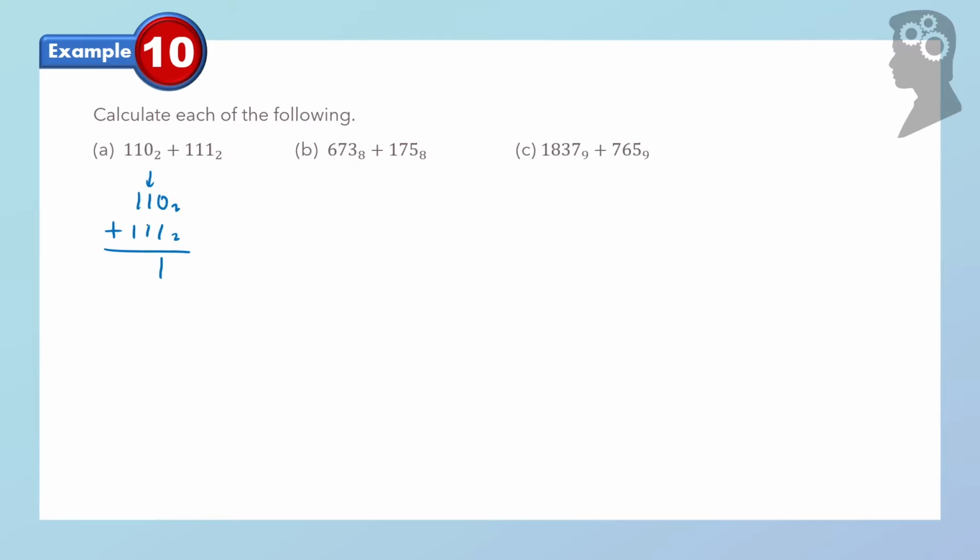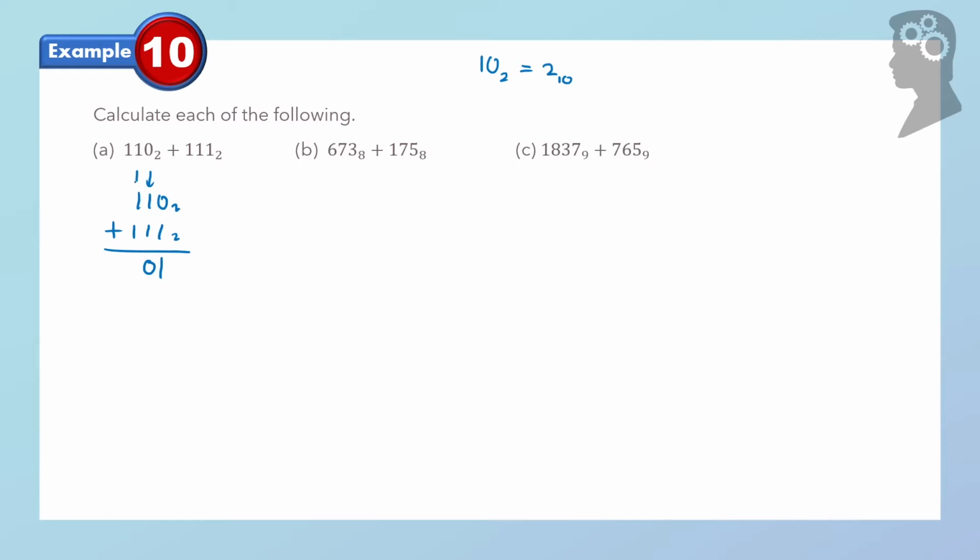Because 1 plus 1, in base 10, is going to be 2. But the digit 2 is not allowed in binary. So that is equivalent to 10. 10 binary is equal to 2 in base 10. So we are going to put 0 here and put 1 on the left column.